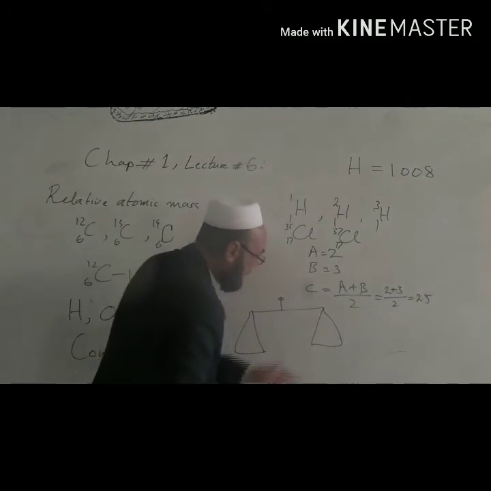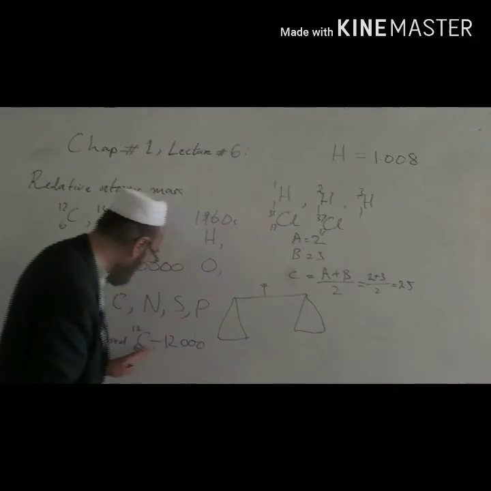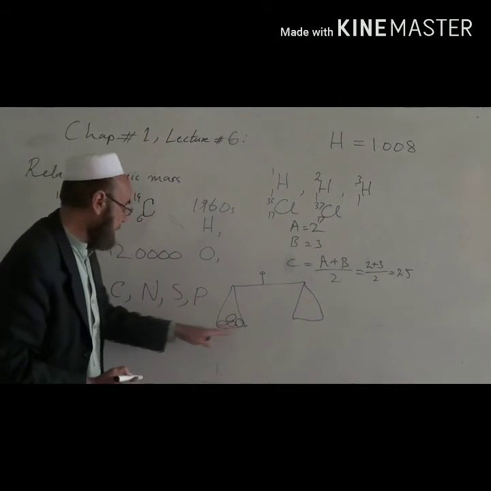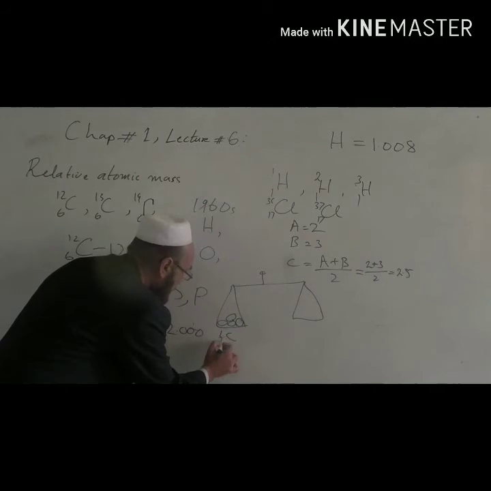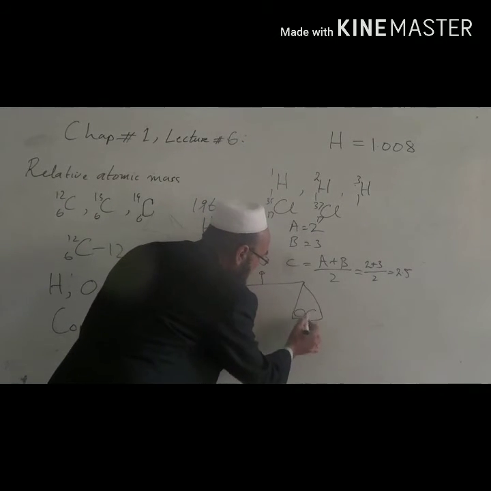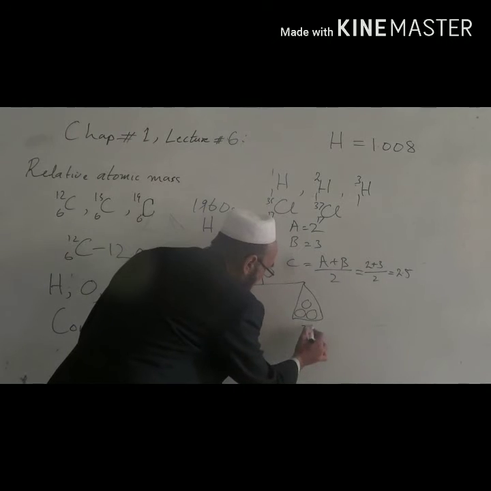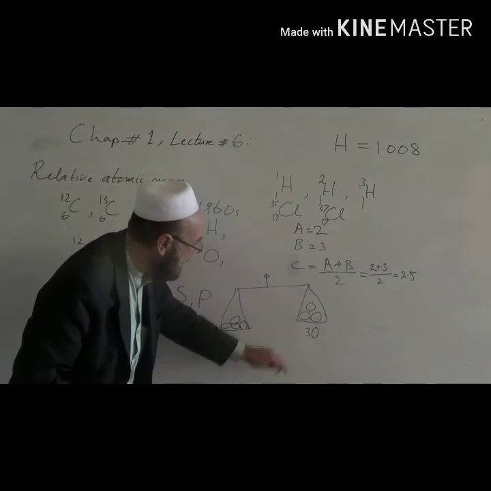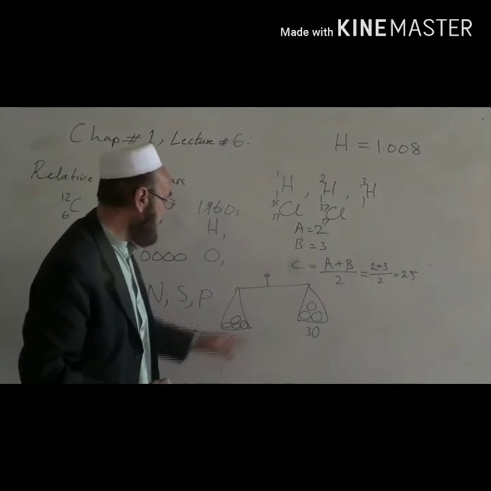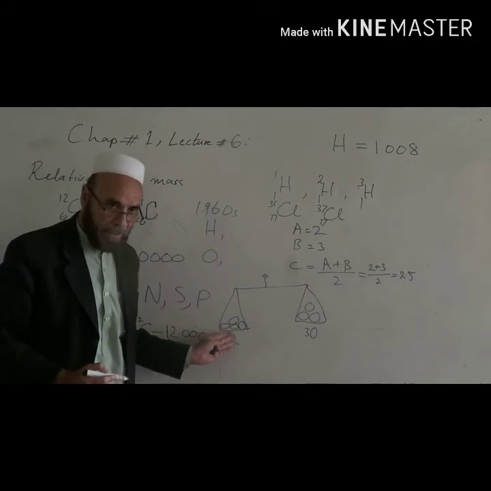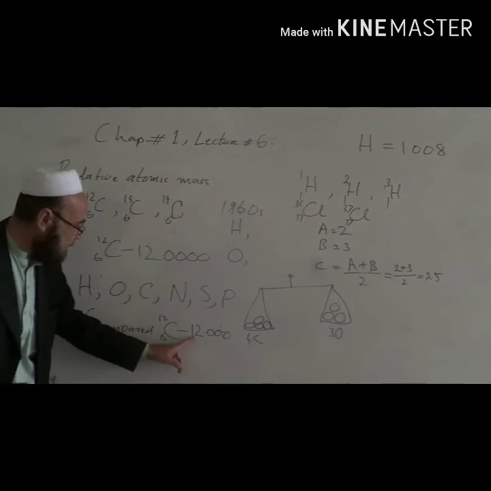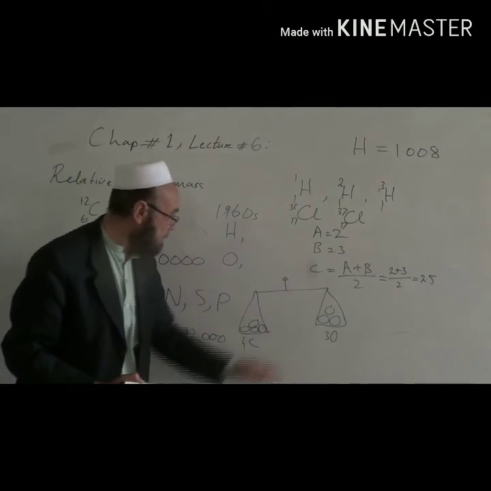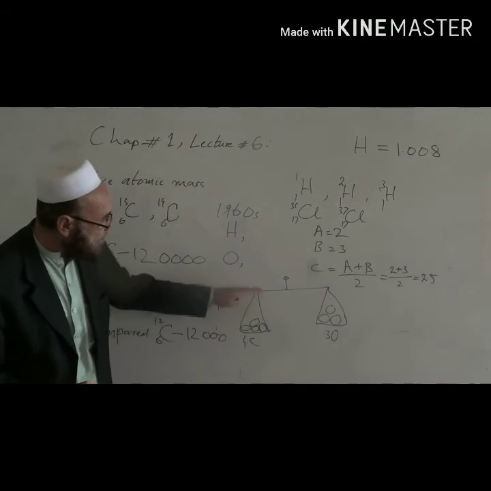For example, if you take oxygen atoms here and carbon isotope 12 there, suppose you take 4 carbon atoms, and here you take 3 oxygen atoms. It is not 30, it is 3 O, 3 oxygen atoms, 4 carbon atoms. You have compared them. When you put 4 atoms of carbon isotope 12.00 on one side and 3 oxygen atoms on the other part of the scale, they become equal.